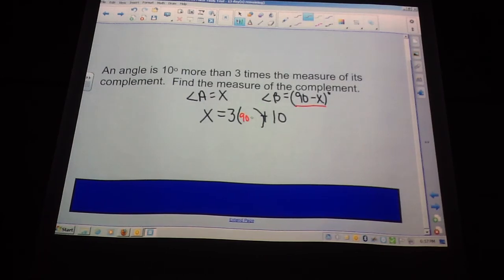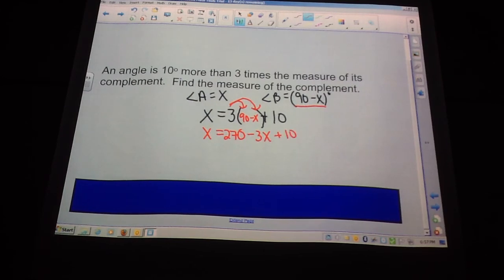That's what I'm going to plug into the parentheses here because it's a complement of A. To figure out what x is, I have to multiply that 3 throughout the parentheses. So I'll have x equals 270 minus 3x plus 10.